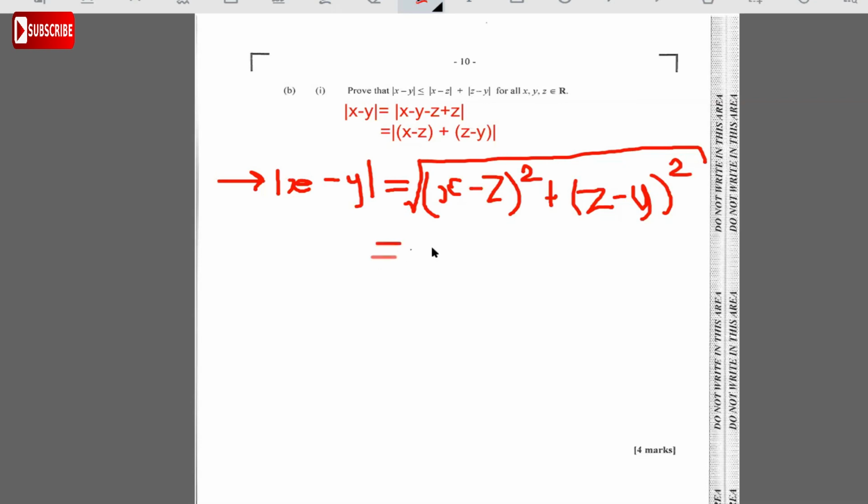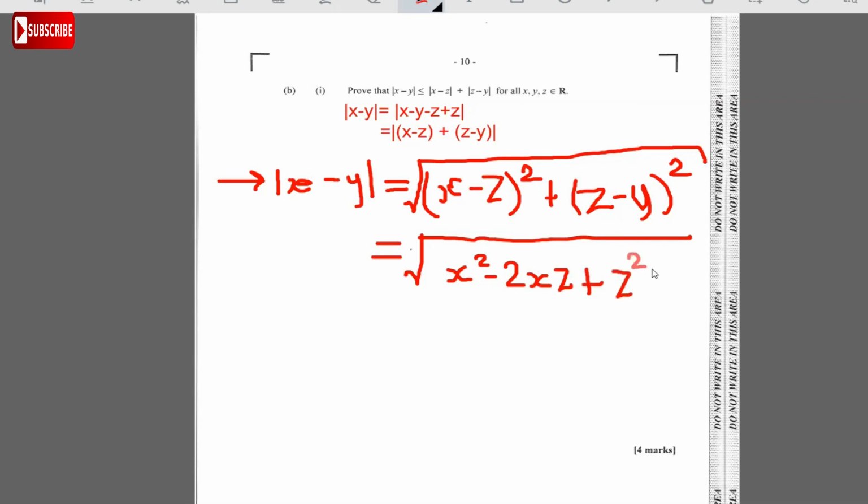So the modulus of x minus y is working out to be the square root of, inside this bracket, x squared minus 2xz plus z squared plus another z squared minus 2yz plus y squared.